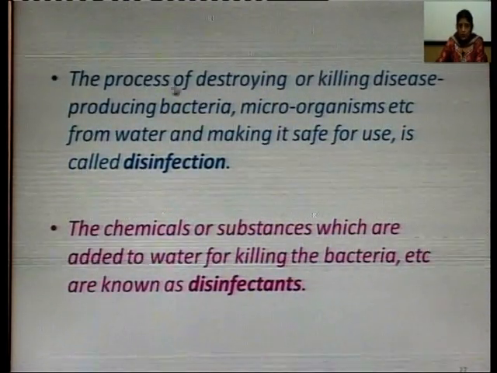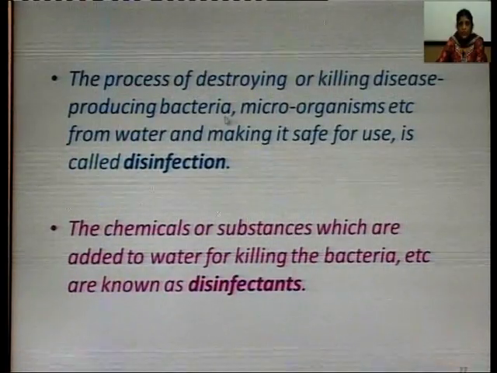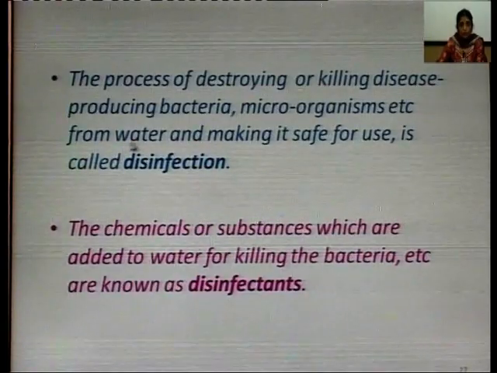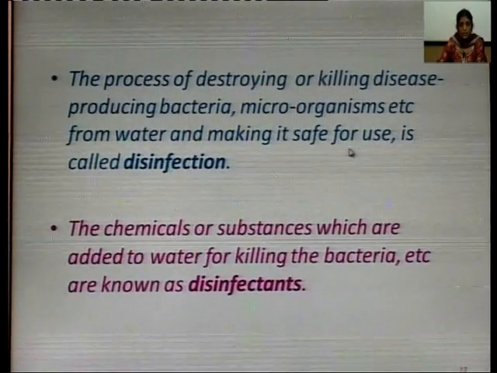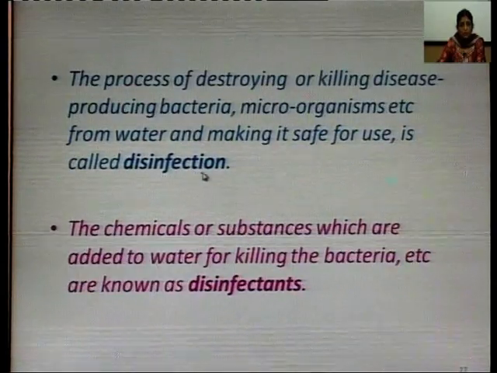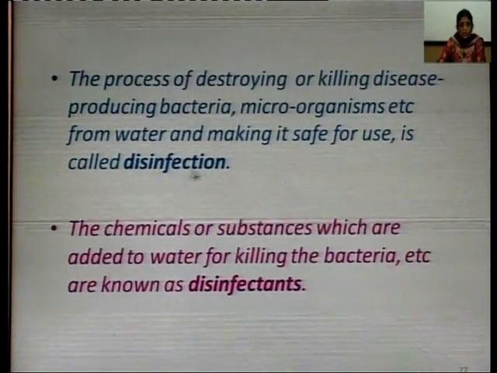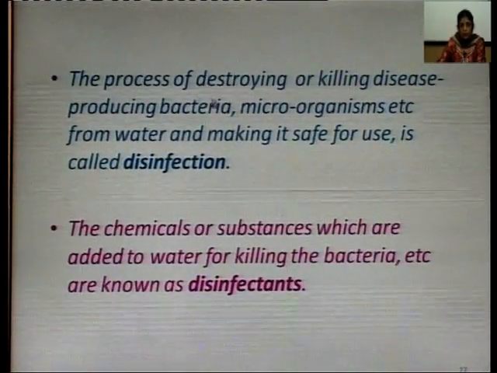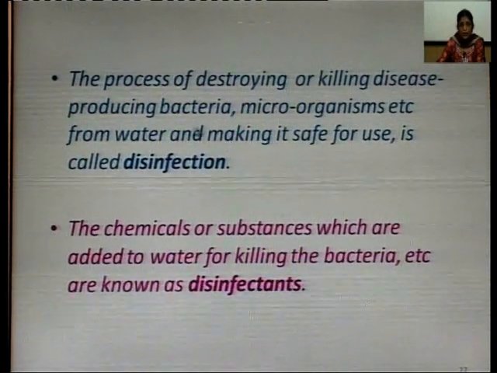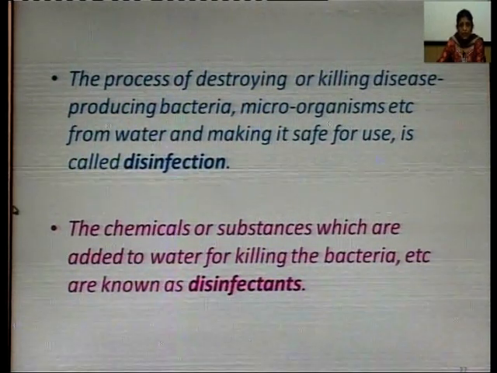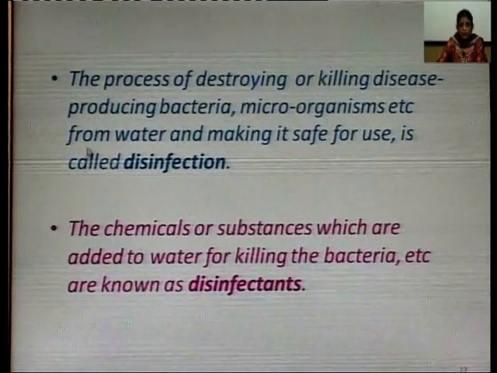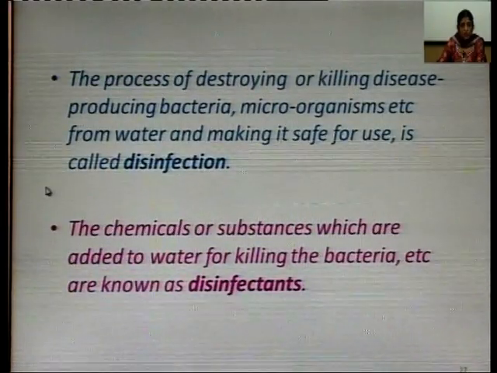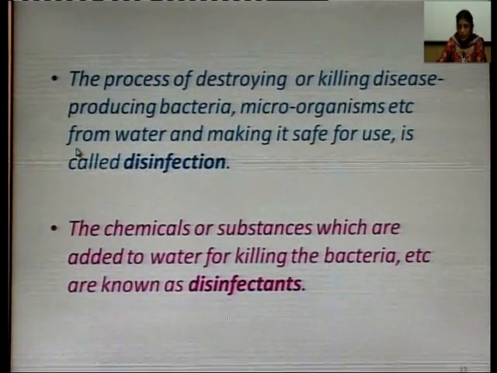So, the process of destroying or killing disease producing bacteria, microorganisms etc. from water and making it safe for use is called disinfection. This is also called sterilization, or disinfection, because by this method we kill the bacteria, microorganisms, etc., making water free from these organisms. This disinfection can be done by certain chemicals.